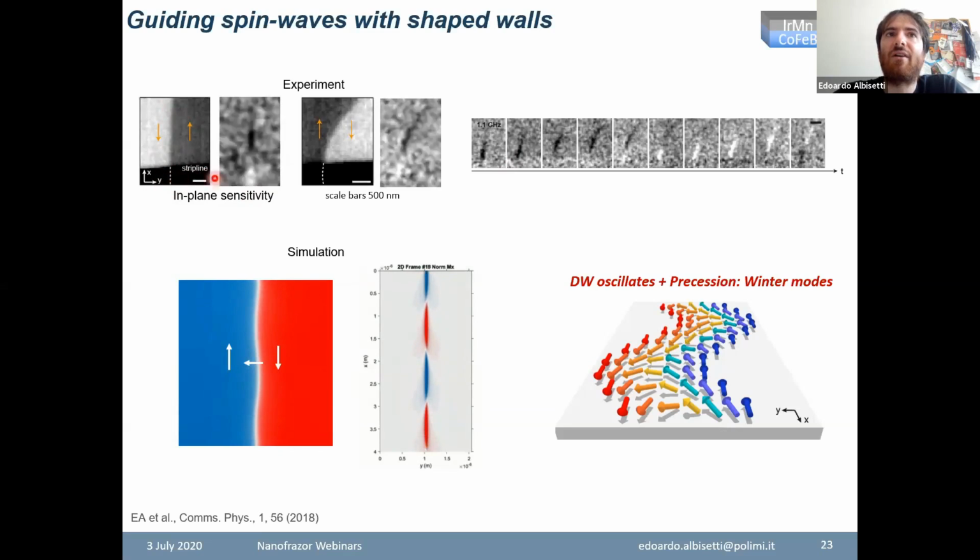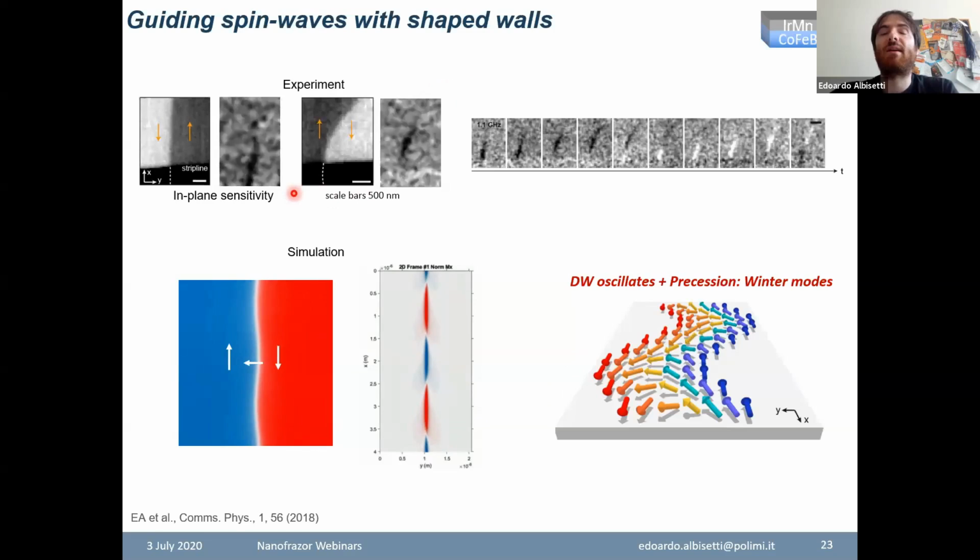This is the RF antenna that we use for exciting spin waves that propagate in this direction away from the antenna and are localized only at the domain walls. And you see the same also in the curved structures, where we can excite spin waves from the antenna, and the spin wave leaves the antenna and follows the domain wall very nicely.